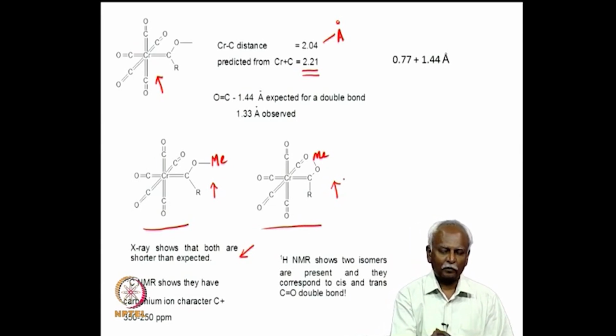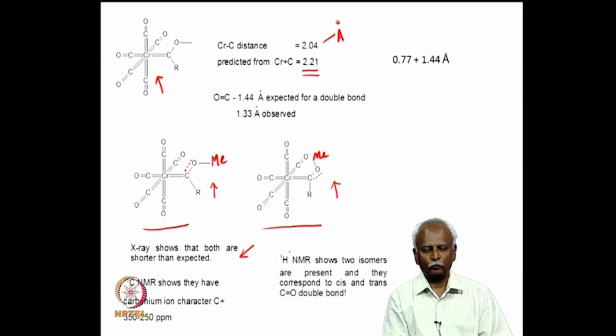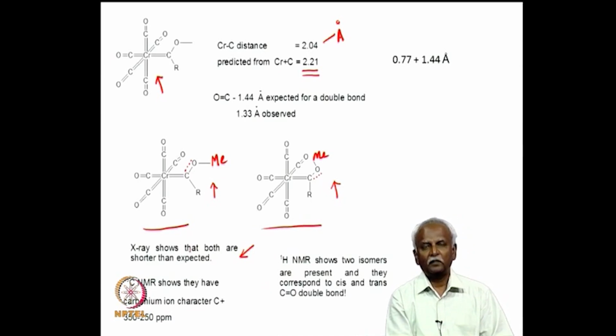And that happens because you have partial double bond character, which I am indicating here. So, if this CO bond has got partial double bond character, then you can have two distinct isomers, as I have shown you here, which might be pictured as syn and anti isomers. So, it is very clear that this double bond that we draw is in fact a partial double bond, and this partial double bond is responsible for the presence of two isomers.